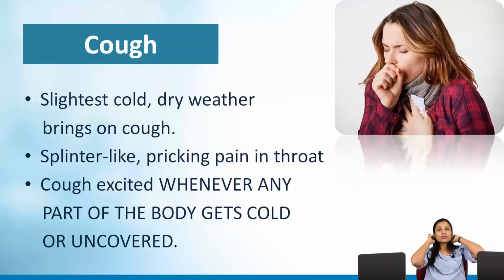Now the cough of Hepar Sulph is very characteristic because the slightest exposure to dry weather will bring on a dry cough in Hepar. And the characteristic is that this cough is usually preceded by or accompanied by a pricking type of pain in the throat. And whenever any part of the body gets cold or uncovered, the cough comes up.